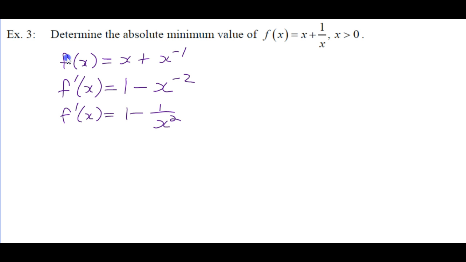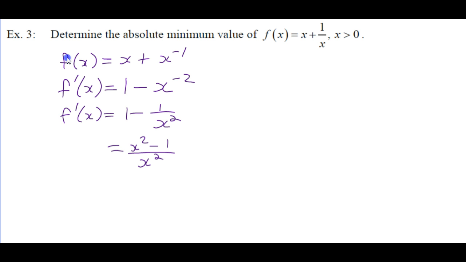Now we want to combine this, so we might want to write it as x squared minus 1 over x squared. It's going to make it easier to evaluate where the zeros are. When x squared minus 1 is equal to 0, you're going to have a 0, which could be a max or min.